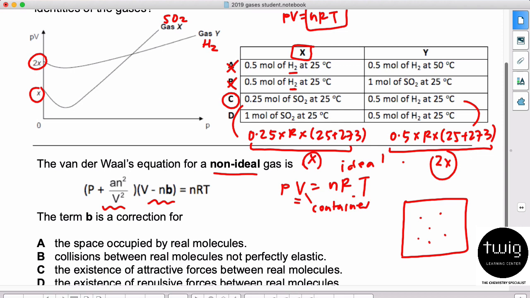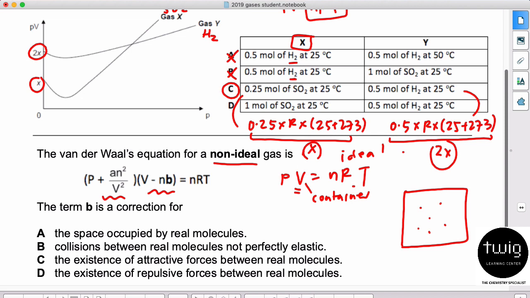Theoretically, if these are the molecules, V must be the space that the molecules can move. So by right, V is supposed to be V of container minus V of the what? Volume of the molecules. By right it should be like this.